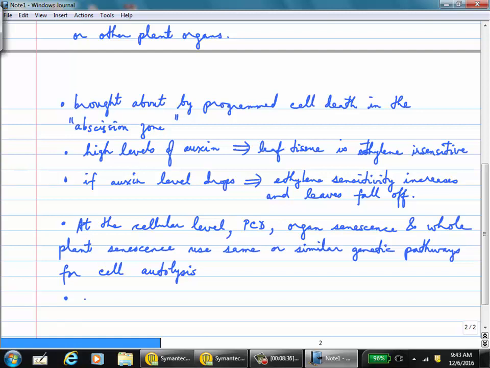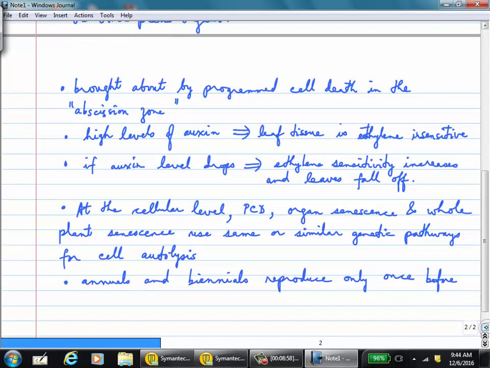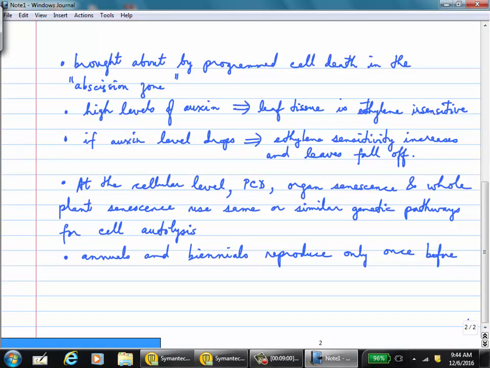So annuals and biennials reproduce only once. For the biennial, the reproduction will be in the second year. So they reproduce only once before senescing.